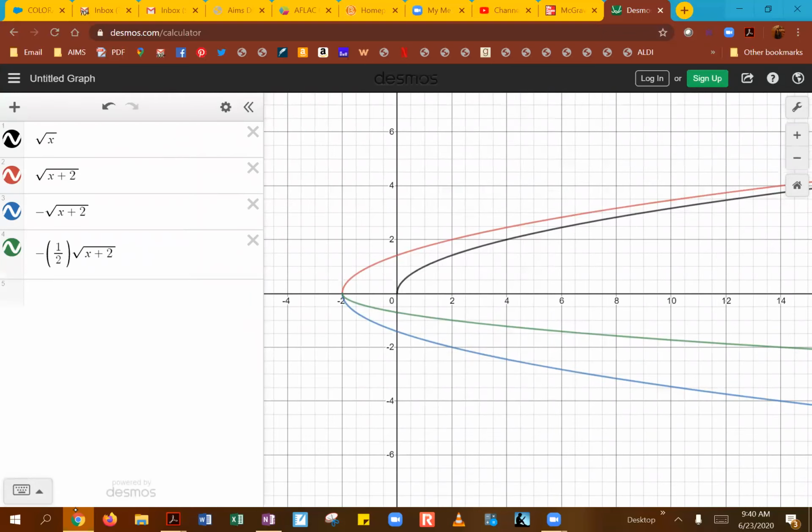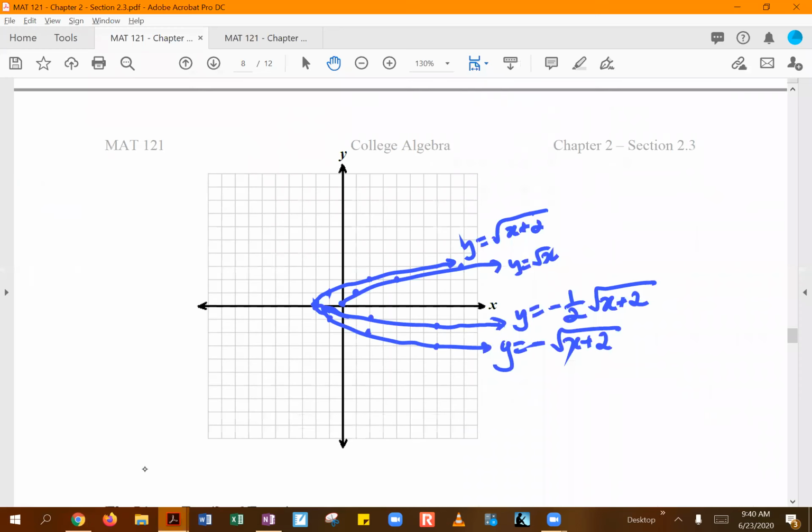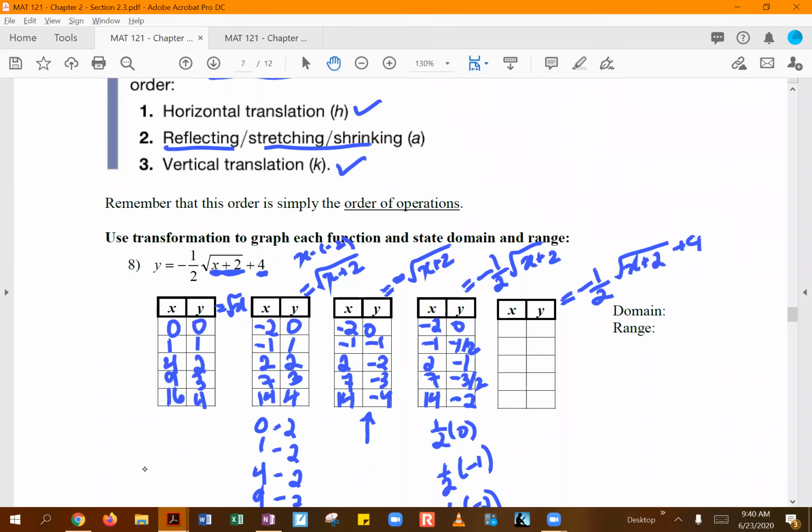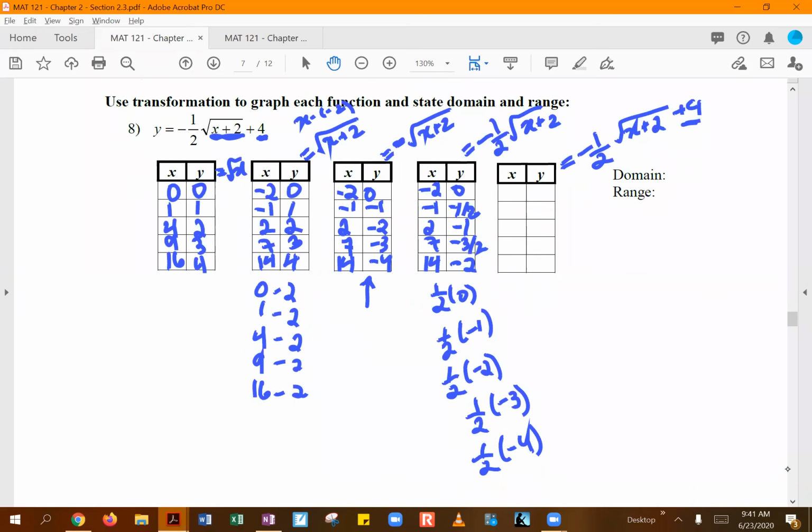So now we have done our horizontal movement. So we moved our graph 2 units to the left, then we did the reflection, and now we've taken care of the shrinking. So the only thing left to do at this point is that final step, which was the vertical translation by adding that 4 at the end of our function.